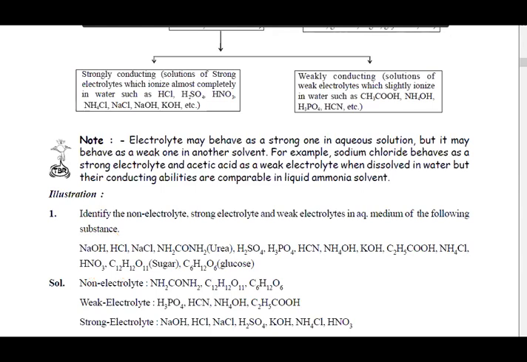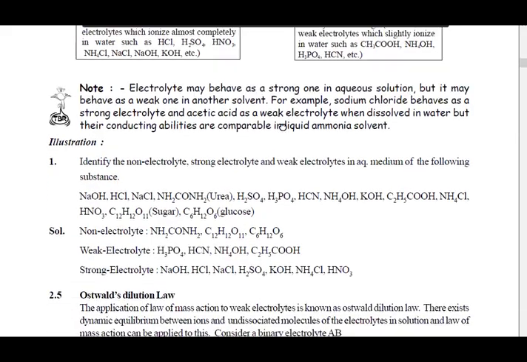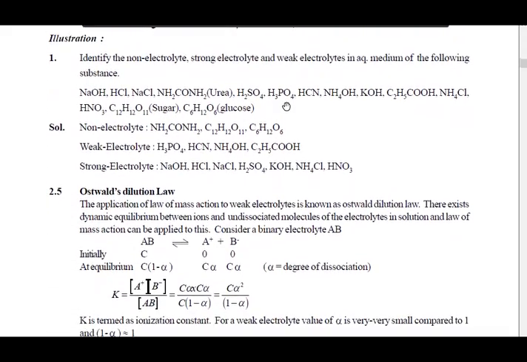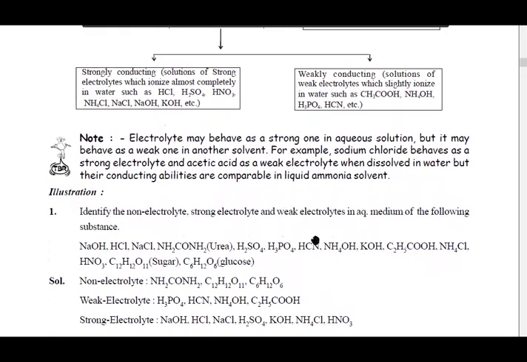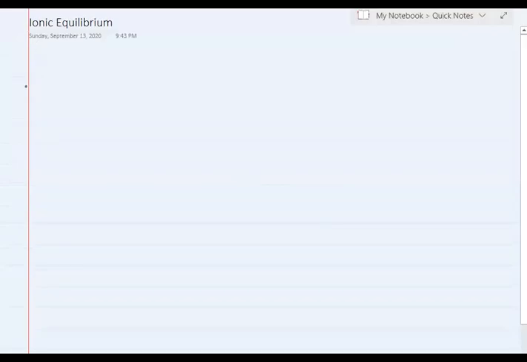Now next is Ostwald Dilution Law that we have studied. Everyone, please focus here. Forget about this for now, we'll just try to use this. Before studying any law, just think about this.